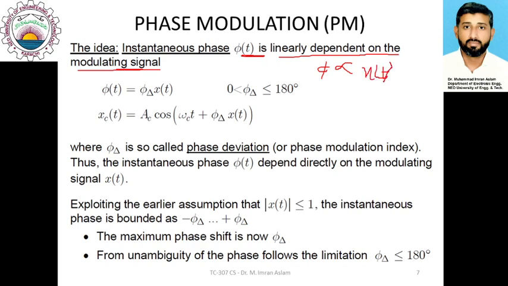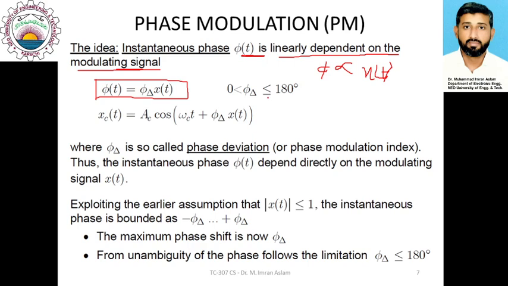Mathematically, it will be represented somewhat like this: phi(t) = phi_delta x(t). This phi_delta represents the maximum amount of phase change that will be achieved during the modulation.